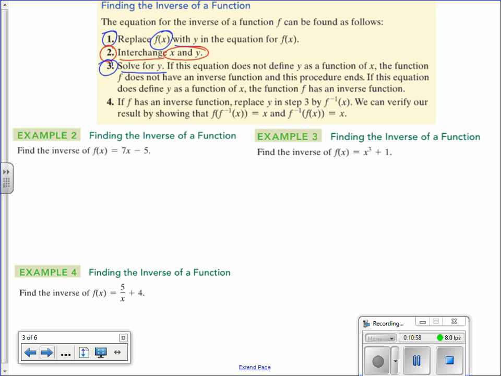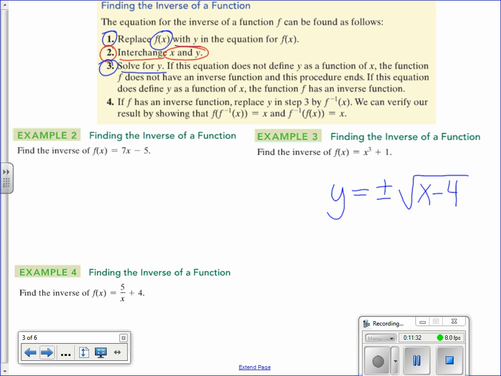Now, do you remember how we were verifying if an equation was the equation of a function? That was back in section 1.1 or 1.2. And so we ended up, in some cases, having to solve for y. And I don't know if you guys remember, we ended up with something that looked like this. Maybe not exactly the same.